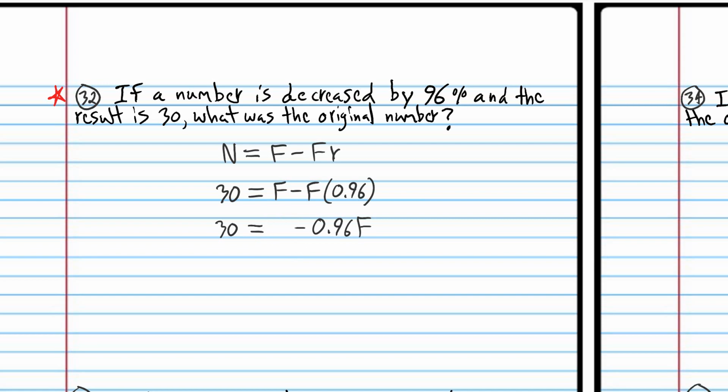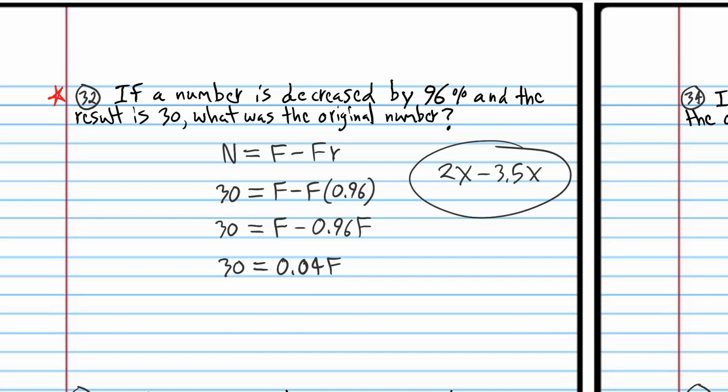So you have 1f and you're going to subtract 0.96f. So that's 1 minus 0.96. So go ahead and do that in your calculator. 1 minus 0.96 is equal to 0.04. So all we did was we just combined terms. Remember in the previous classes where we would have like 2x minus 3.5x, you know, stuff like that. And these are like terms. You can combine those.